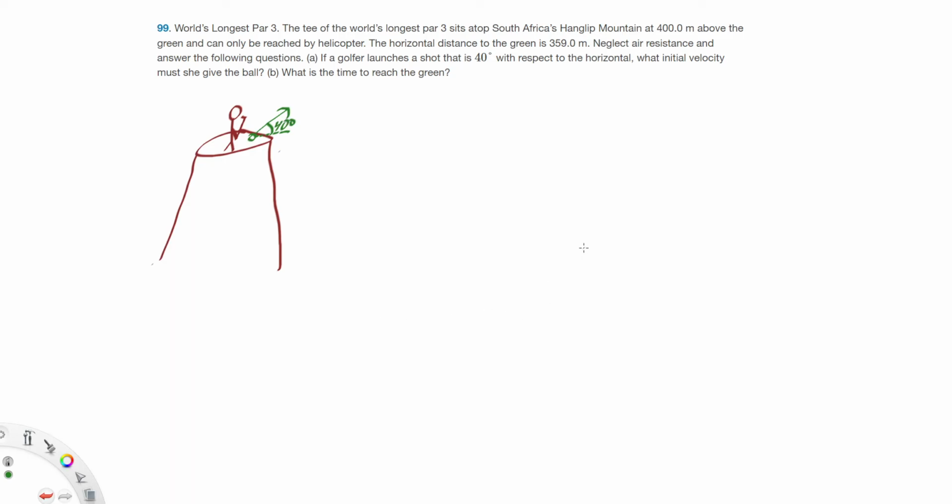And the green is down here. Here's where you're shooting. The problem specifies that the horizontal distance to the green is 359. The vertical distance is 400.